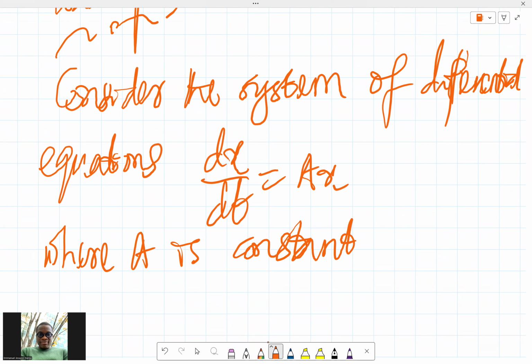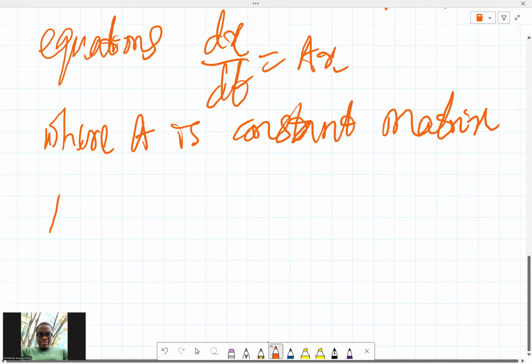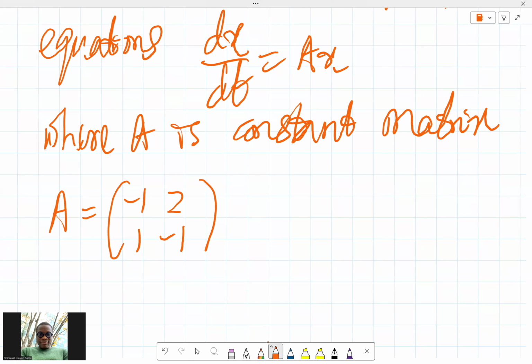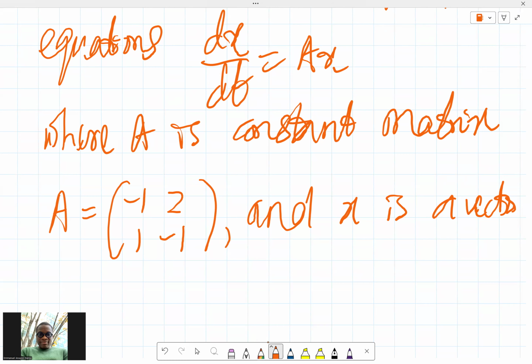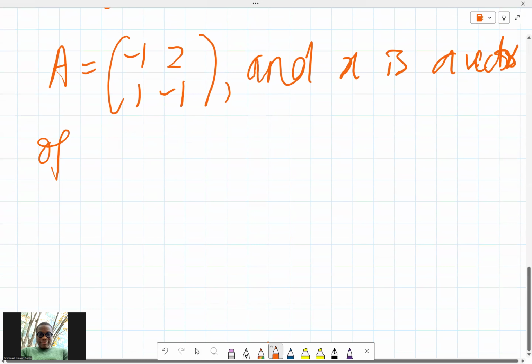A equals [-1 2; 1 -1], and X is a vector of system variables.